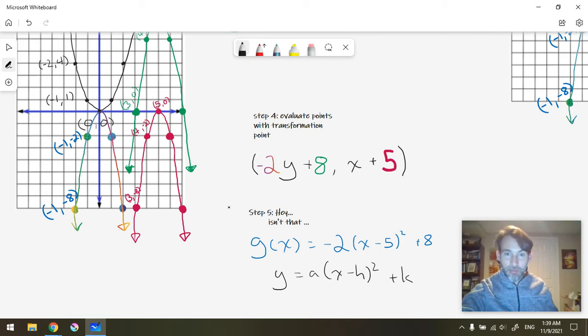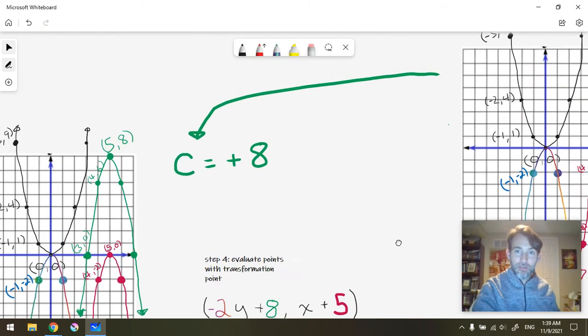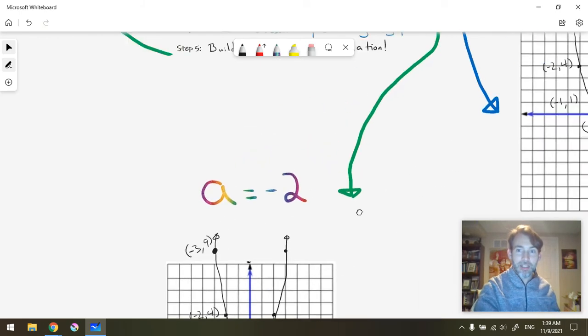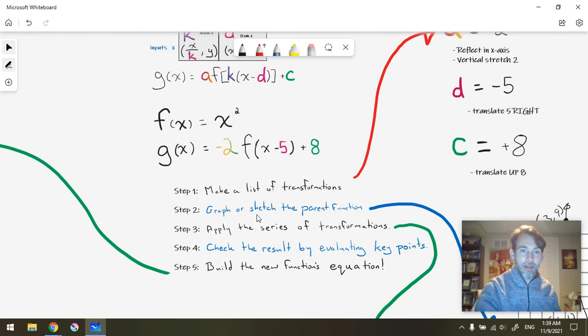So from this form of the equation, when I'm looking at something like g of x is equal to -2 f of (x minus 5) plus 8, this tells me where the vertex goes. This tells me the stretch factor. I can really easily graph parabolas in vertex form by thinking of them as a series of transformations, or vice versa.